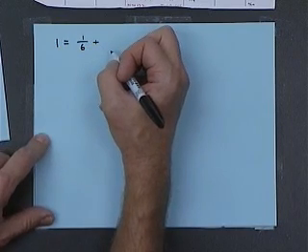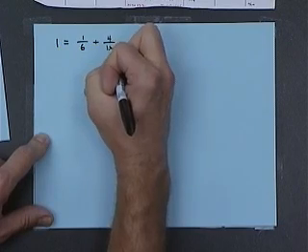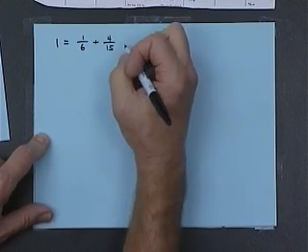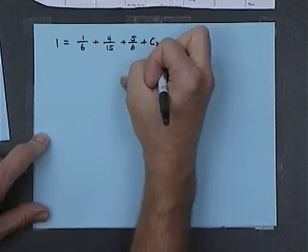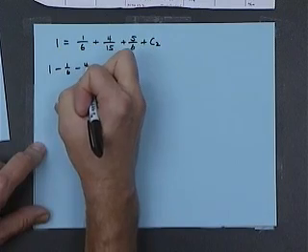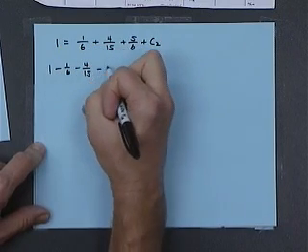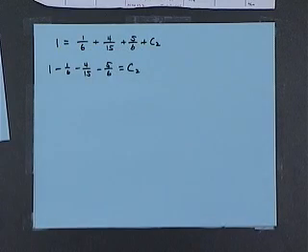So what do we get out of that? 4/15. Yes. And 5/6 times 1 and plus this C2. So 1 minus 1/6 minus 4/15 minus 5/6 is C2.